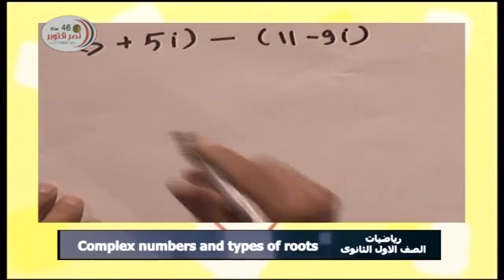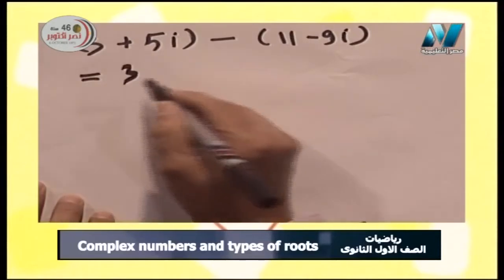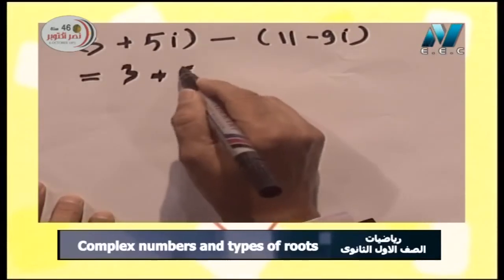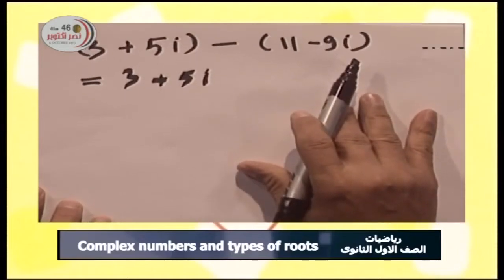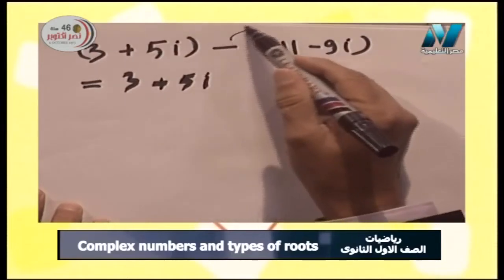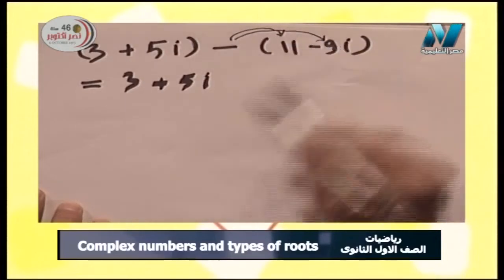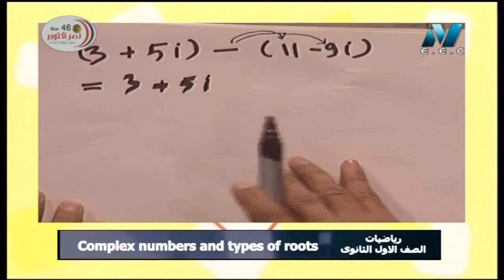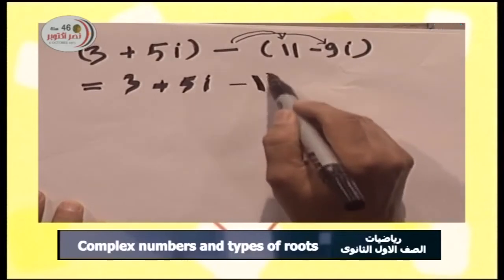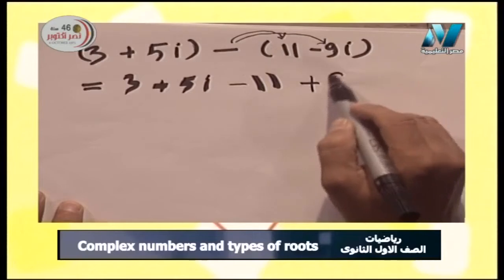Look carefully. This expression equals 3 plus 5i as it is. We multiply negative by negative 11, and negative times negative equals positive. So the answer will be negative 11. Negative times negative equals positive 9i.